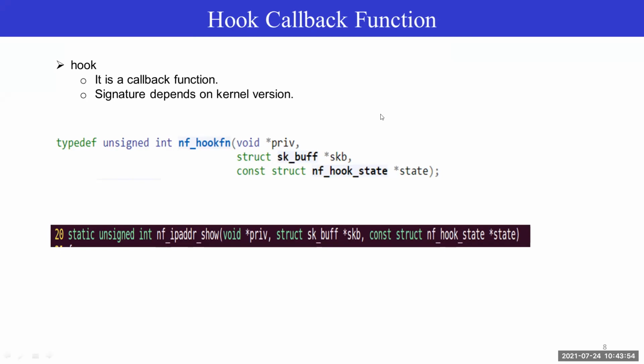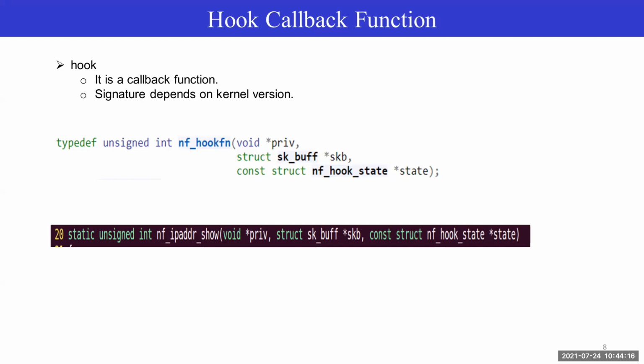So in this particular example, we can see that there are three parameters. One is the priv, the second is the skb, and the third is the state. The nf_hook_state is the state of this hook point, and the other two are pretty much obvious.